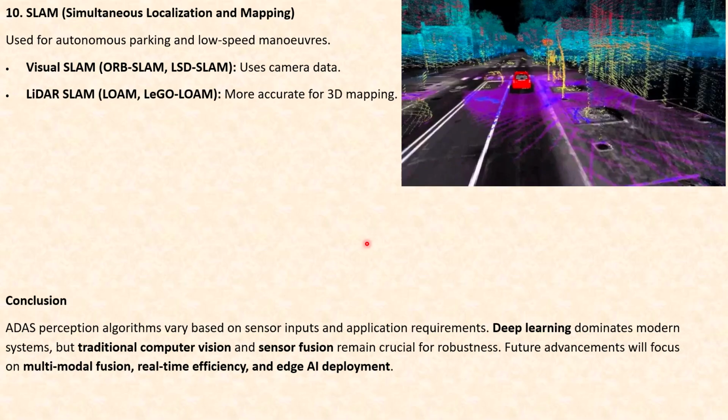New perception technologies which are more accurate, have less latency, and suit more real-time operating conditions are coming into the market day by day. Deep learning especially dominates modern systems, but traditional computer vision and sensor fusion remain crucial for robustness and ruggedness, even today.